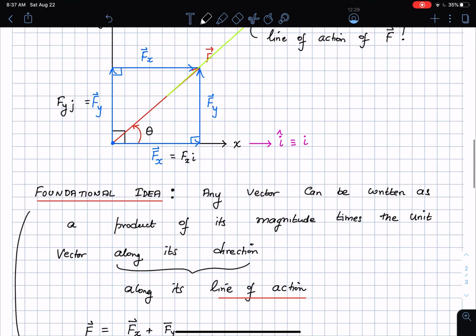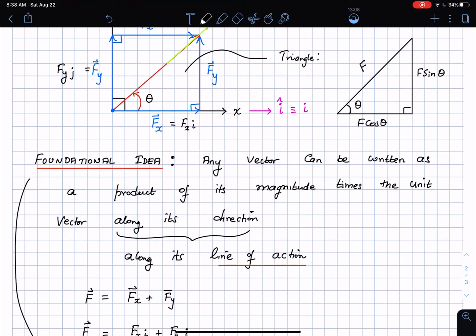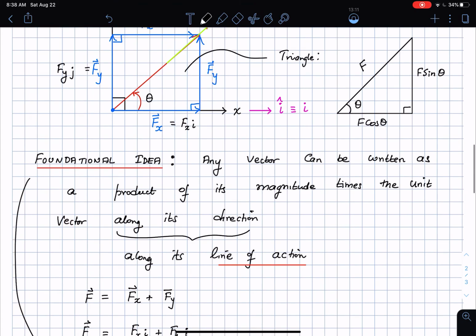You see that if I redraw this triangle using only the magnitudes of f, fx and fy, you can pretty much see that if I know the vector f, and if this is a 90-degree angle, and if this is the angle theta, then this is going to be f times sine theta, and this is going to be f times cosine theta, which means that the magnitude of fx is f cosine theta, and the magnitude of fy is f sine theta.